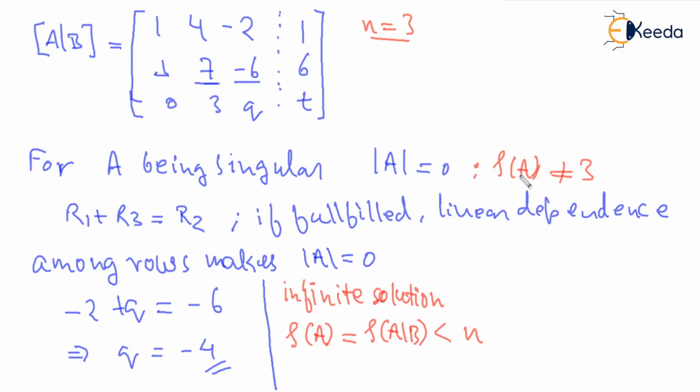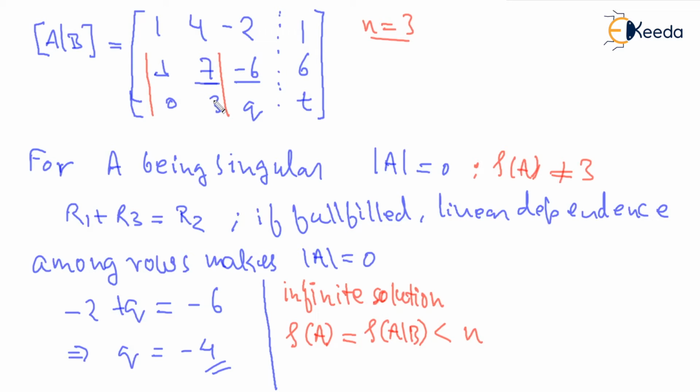Because for a square matrix, if it is singular, the rank will be less than n, the order. So what is the rank of A here? Now that the minor of order 3 is 0, there is only one minor of order 3 for A, not for A augmented B, for A. So we need to take any minor of order 2 which is non-zero, and we can say that rank of A becomes 2. So let's see this.